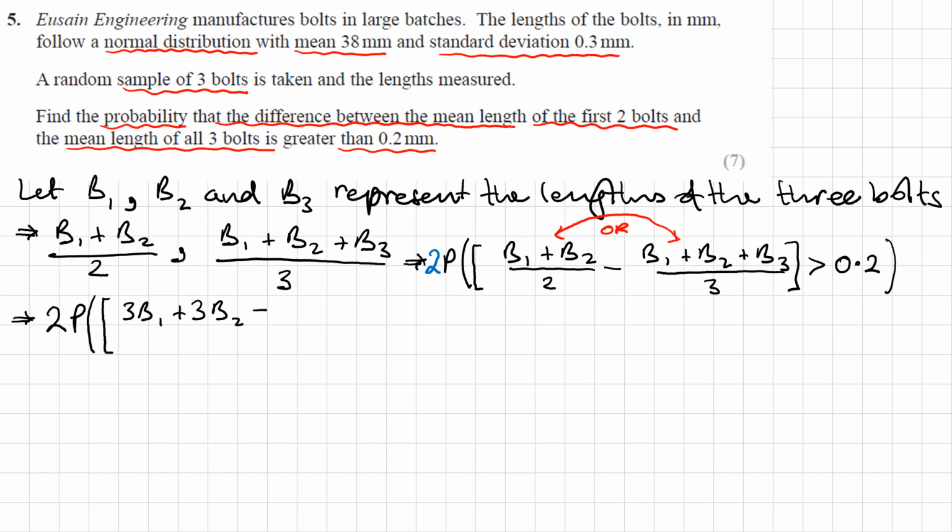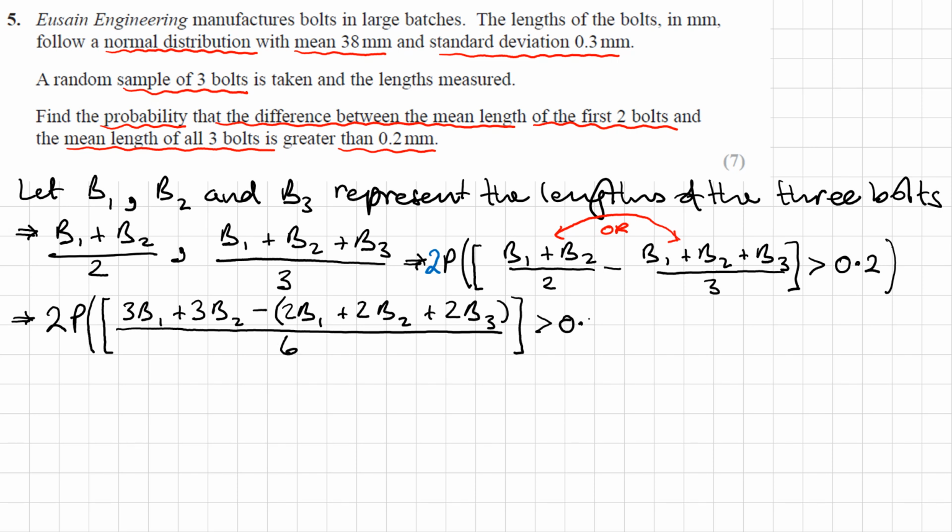Then for the second fraction, I'm going to multiply these numerators by 2. So I'll get 2B1 plus 2B2 plus 2B3. And then all of this is going to be over a denominator of 6. And that needs to be greater than 0.2.